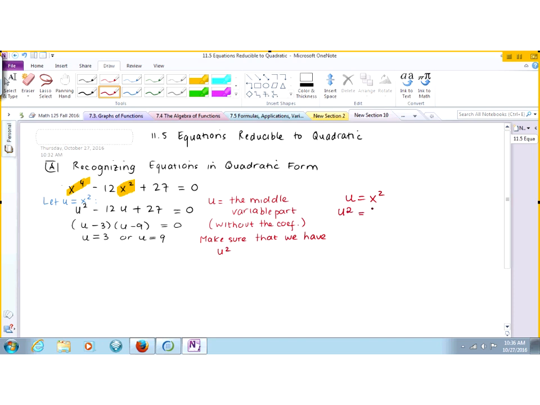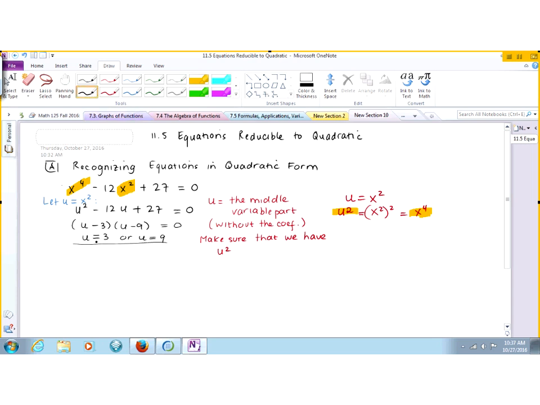What is u squared? x squared squared, which is x to the 4th. So yes, I have u squared here. Oh, so x to the 4 is my u squared, and this is minus 12u plus 27. So then I could continue solving for u.